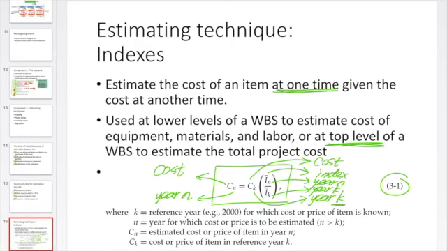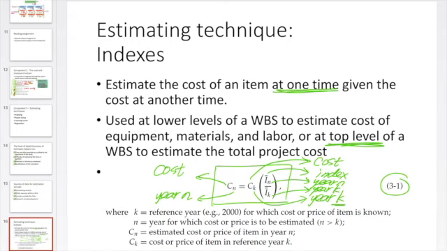So basically the cost in the year N, which is unknown, is the product of two things. One is the CK, that's the cost of the same item or same project in year K, and that cost is given. You know that.